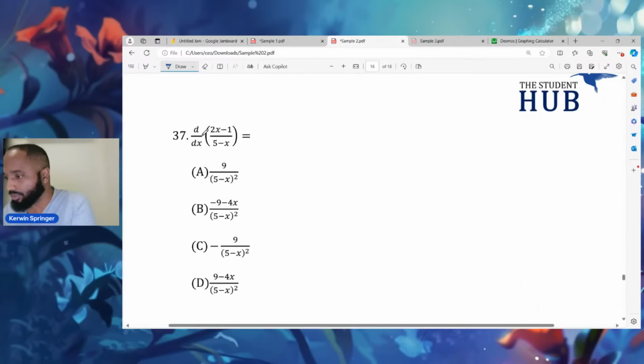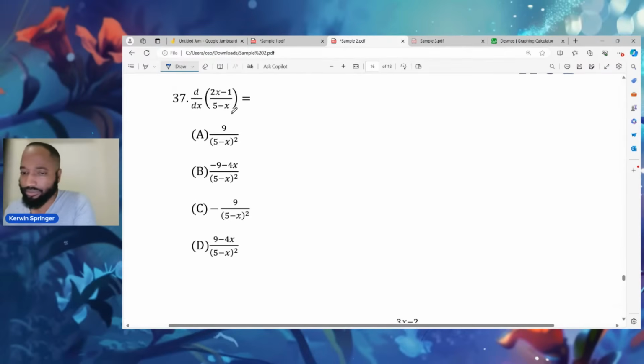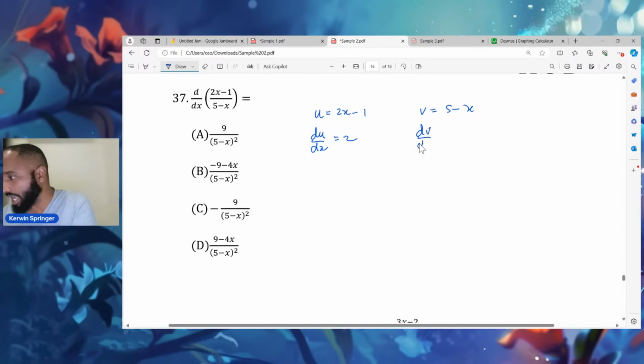Verify that. So we want to differentiate this. This is a quotient. So u is 2x minus 1. v is 5 minus x. And if I differentiate this, du/dx, I will get 2. dv/dx, I will get negative 1.